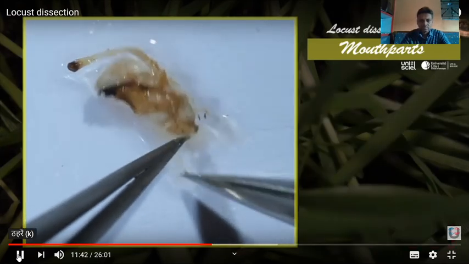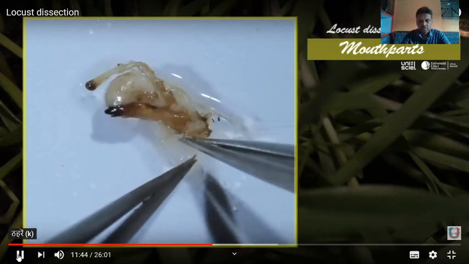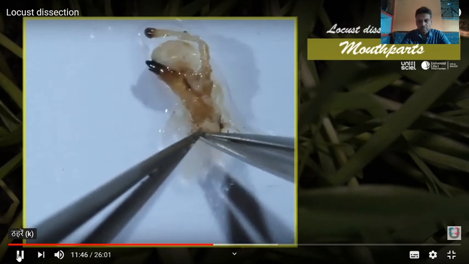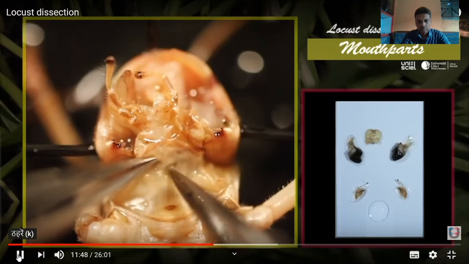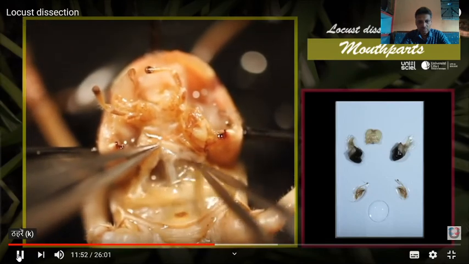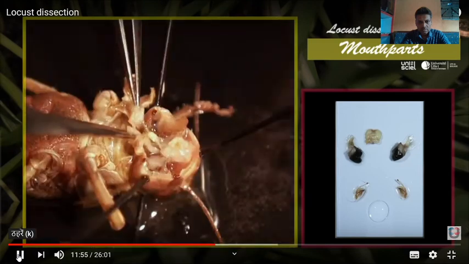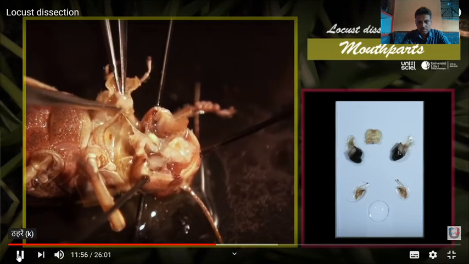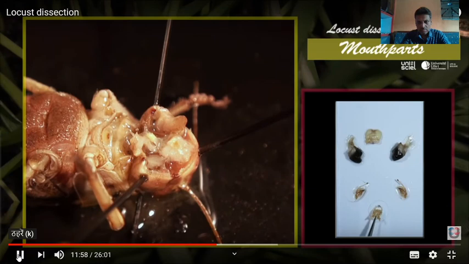The apodemes of the maxillae are also cleaned of muscles. Finally, after cutting the neck's synovial membrane, take out the labium and place it on the slide.